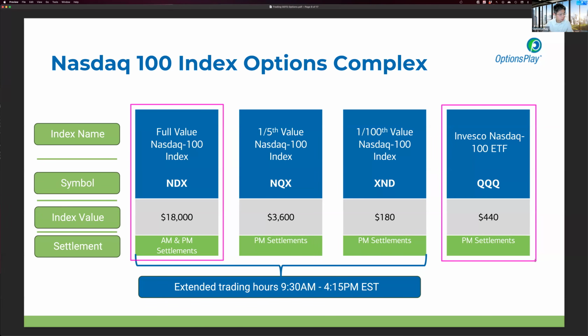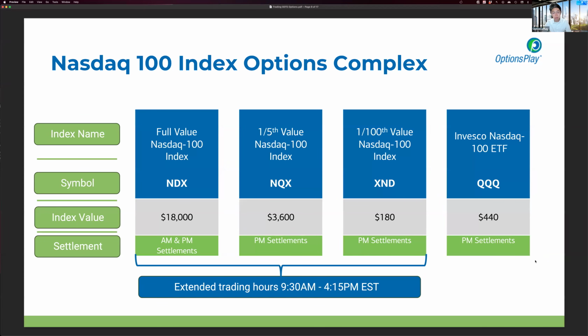A couple of questions with regards to bid-ask spreads. Bid-ask spreads are not always a great indication of liquidity. The NASDAQ 100 is one of the most widely traded contracts in the world. We are talking about tens of billions of dollars traded in terms of volume each day.